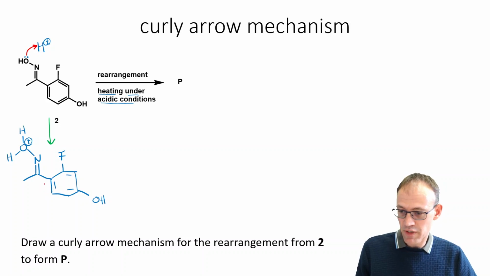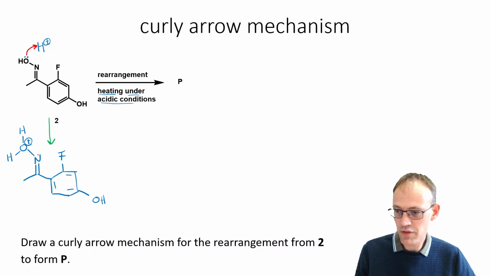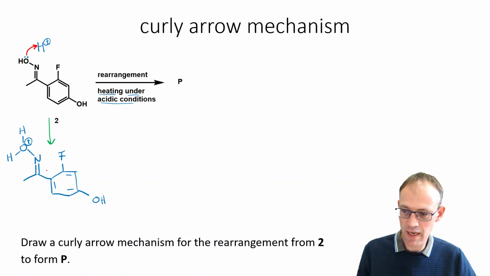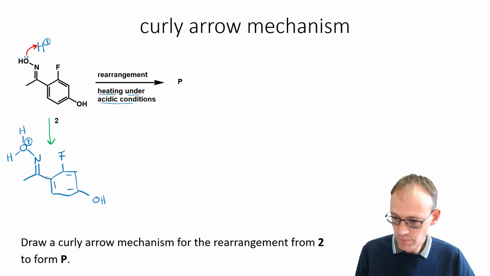What happens in the Beckmann rearrangement? It's a rearrangement reaction, so it turns out that this bond over here, again, I'm going to draw a curly arrow. My curly arrow is going to start at some electrons, and I have to choose which electrons they are. In this case, these electrons are the electrons in this particular bond here.